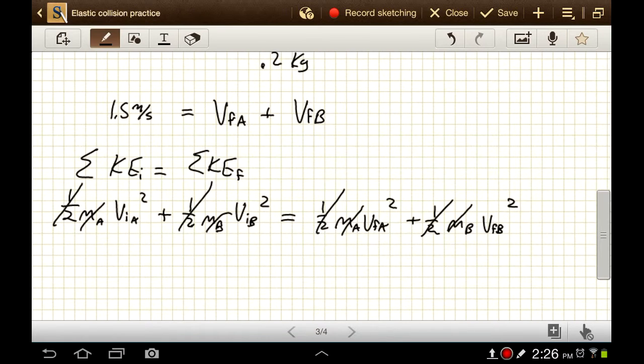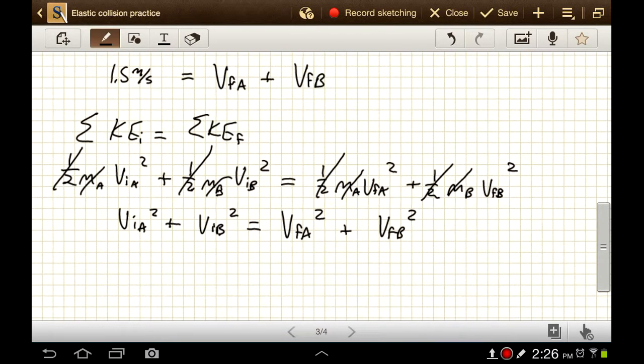So we get v initial A squared plus v initial B squared equals v final A squared plus v final B squared. Now the masses I was only able to cancel out because they're all equal to each other here. They're all 0.2 kilograms. So I'm saving myself a little work by making that cancellation. So plug in what I know.